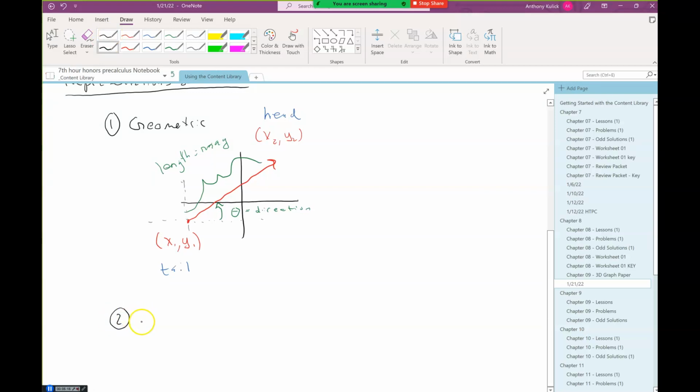Our second representation is if we just give you the magnitude and direction. For example, in first semester we talked about a plane flying at 250 miles per hour at a bearing of, say, 105 degrees.